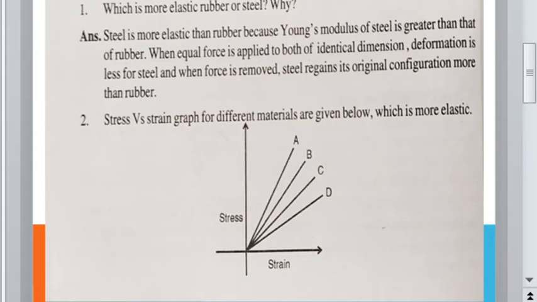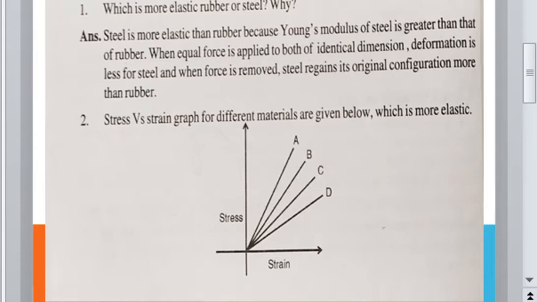So here, steel is more elastic than rubber because the Young's modulus of steel is greater than that of rubber. When we apply an equal force on both steel and rubber, the deformation is less for steel, and when the force is removed, steel regains its original configuration more than rubber.